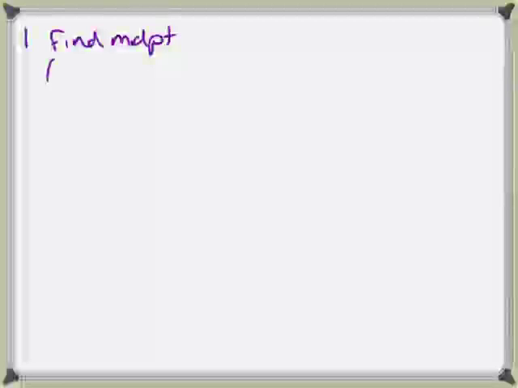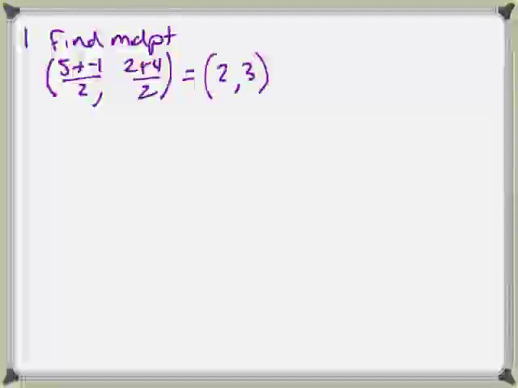So to find the midpoint, we add the x's, so 5 plus negative 1 and divide by 2, and add the y's, 2 plus 4 and divide by 2. So that gives me a midpoint of 2, 3. So now I know my line's going to go through that point.